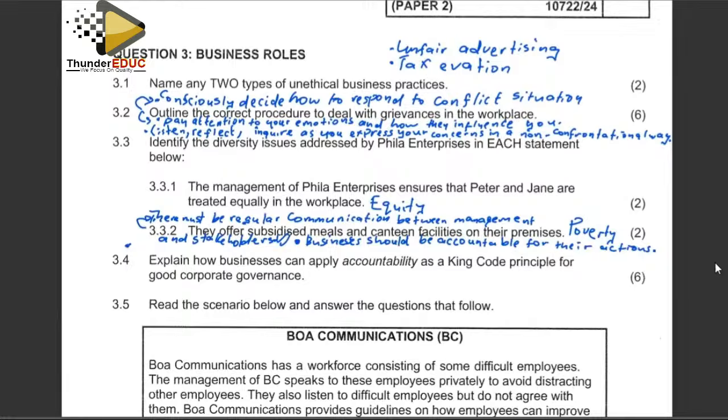Lastly, we are saying that the board should ensure that the company's ethics are effectively implemented.